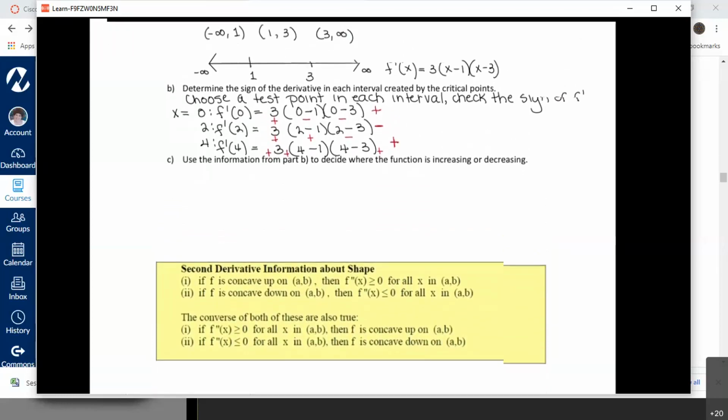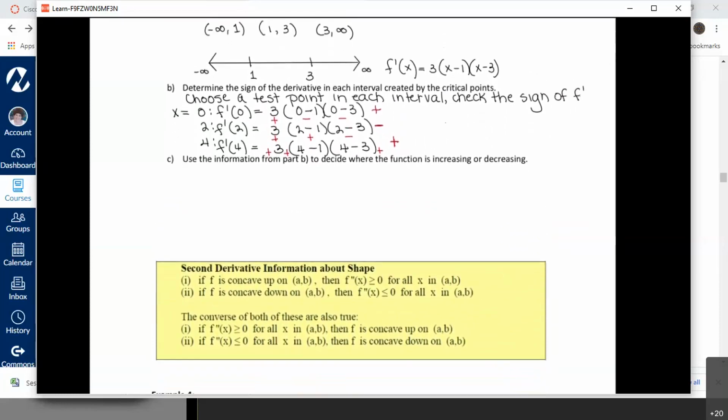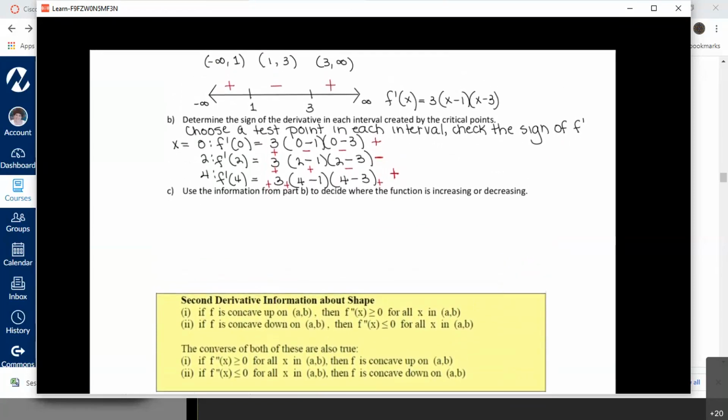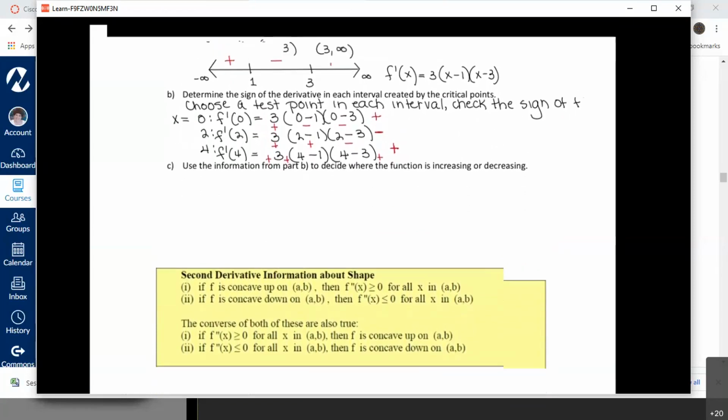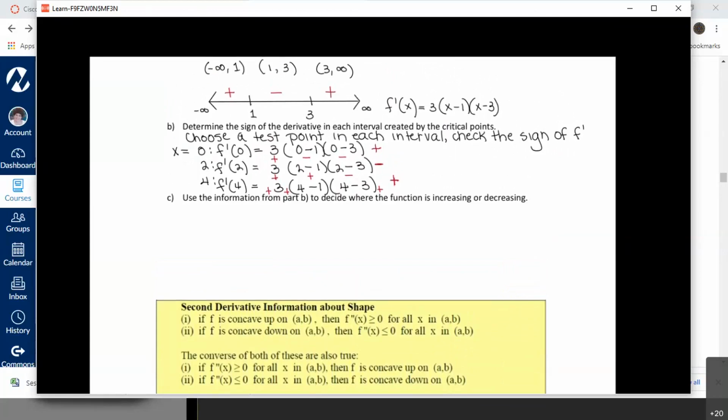So use this information to decide where the function is increasing and decreasing. I'm going to put this information on my little number line, and you can see it right here. It's easy to just copy my intervals. I've got 2 intervals where the function's increasing, from negative infinity to 1 and from 3 to positive infinity. Everybody see that? It's where the derivative had a positive sign.